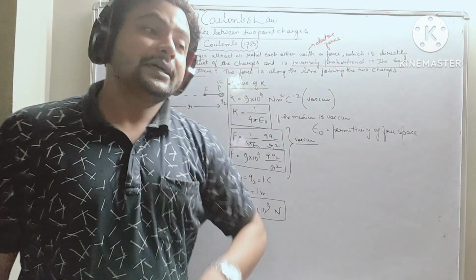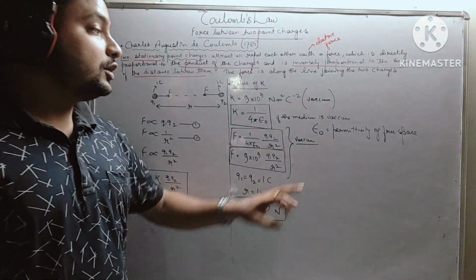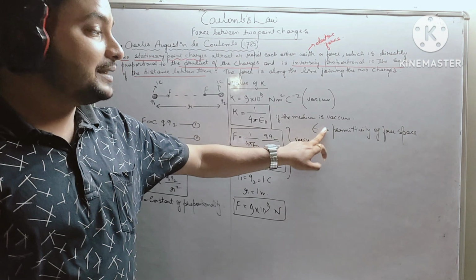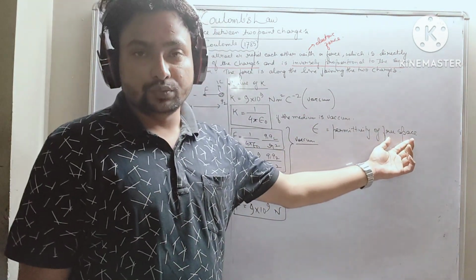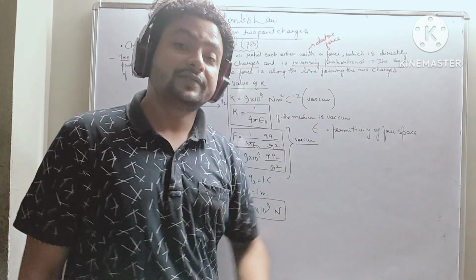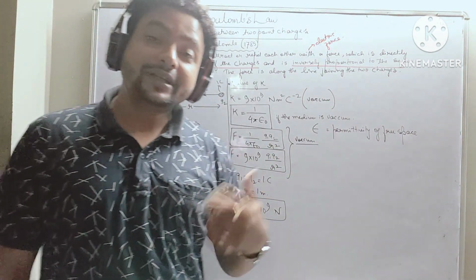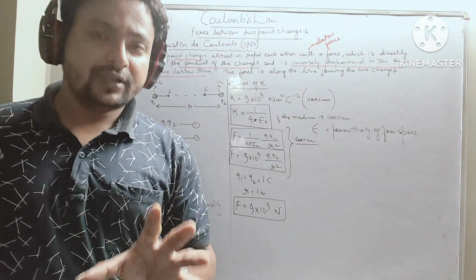If there is any other medium other than vacuum, then we are not going to use epsilon naught, we are only going to use epsilon. Free space here means vacuum. If we have any other medium, we use the permittivity of that particular medium. But for now we are considering vacuum.